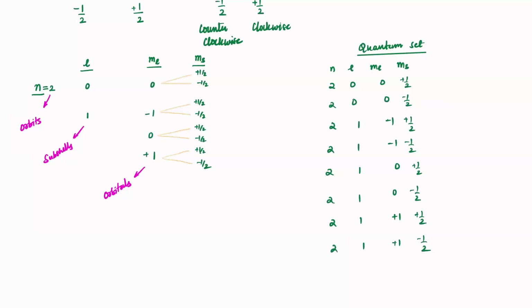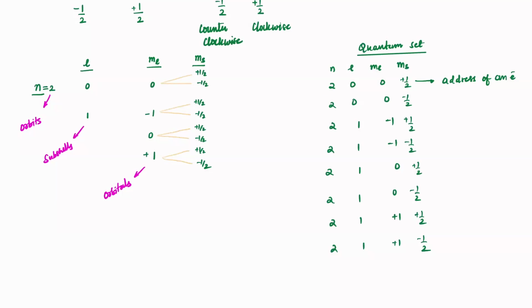In short, this quantum set is like the address of an electron. Every electron has a particular address associated with it. These are like the pin codes of electrons, which tell us the exact position or behavior: what type of orbital it is present in, what subshell it is in, and what orbit number it is in.